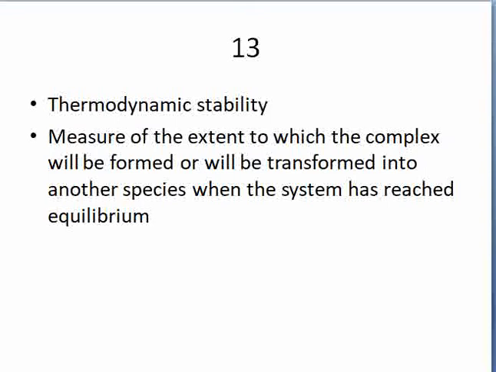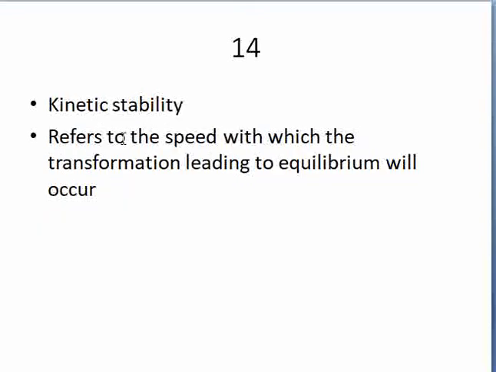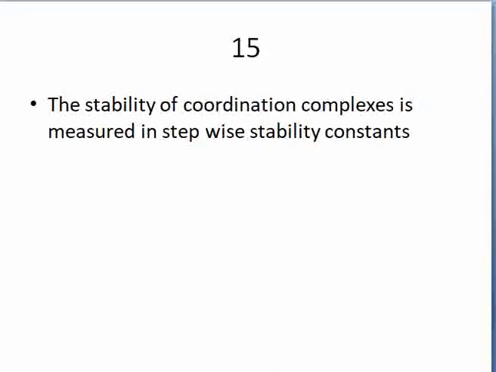And kinetic stability refers to the speed with which the transformation leading to the equilibrium will occur. How fast the equilibrium will be reached. This shows the kinetic stability. So that is the general difference between kinetic stability and thermodynamic stability.